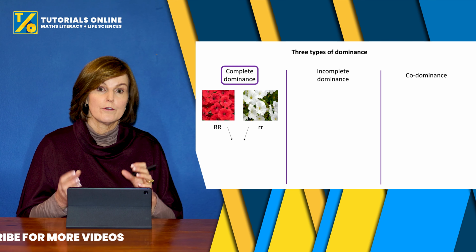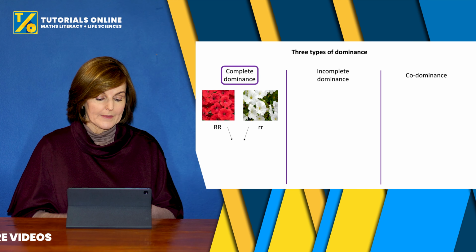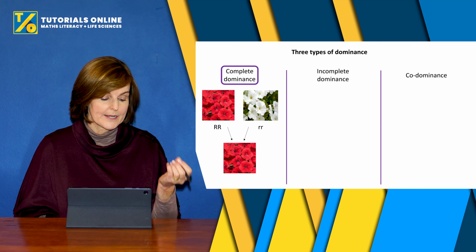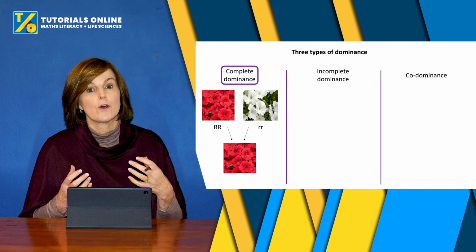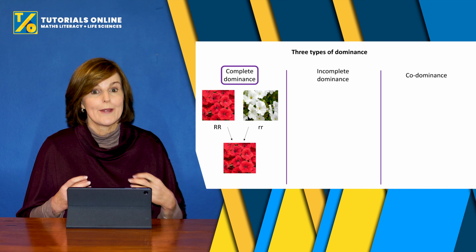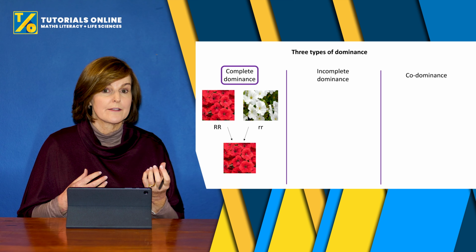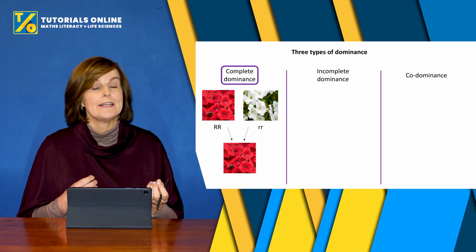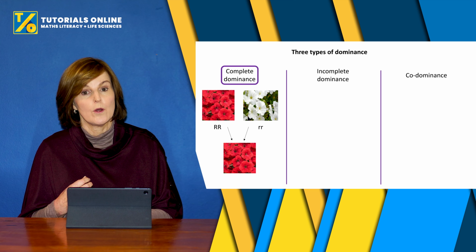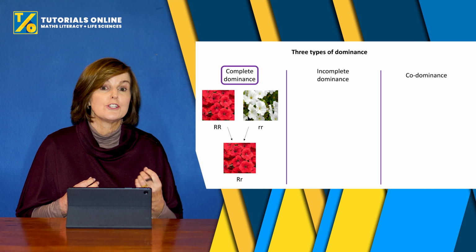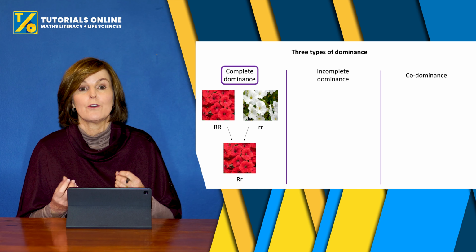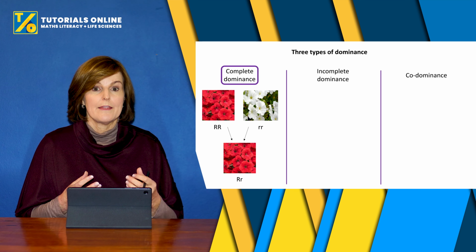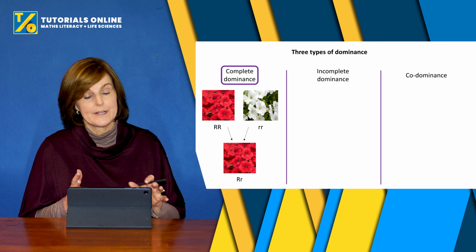If you combine those two and pollination takes place, then the offspring will all be red. Why? Because the allele for red color is dominant over the allele for white color, and then the genotype will be capital letter R, small letter r. That's the most straightforward of the three types.